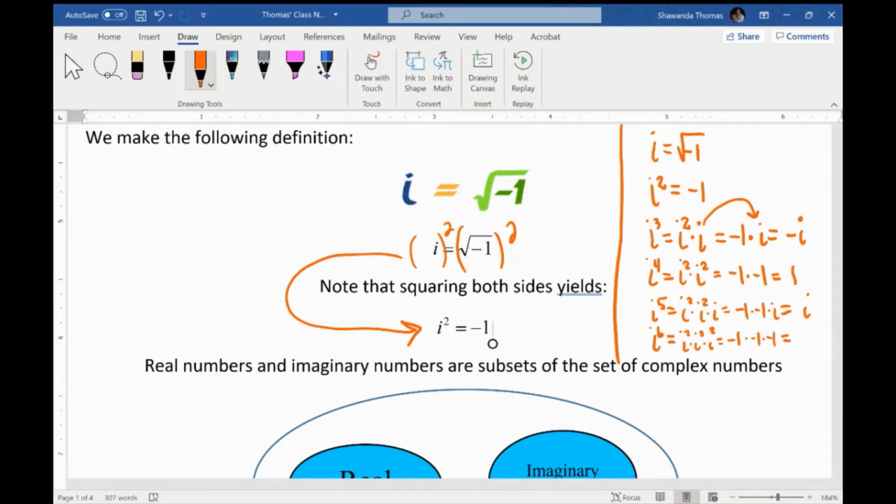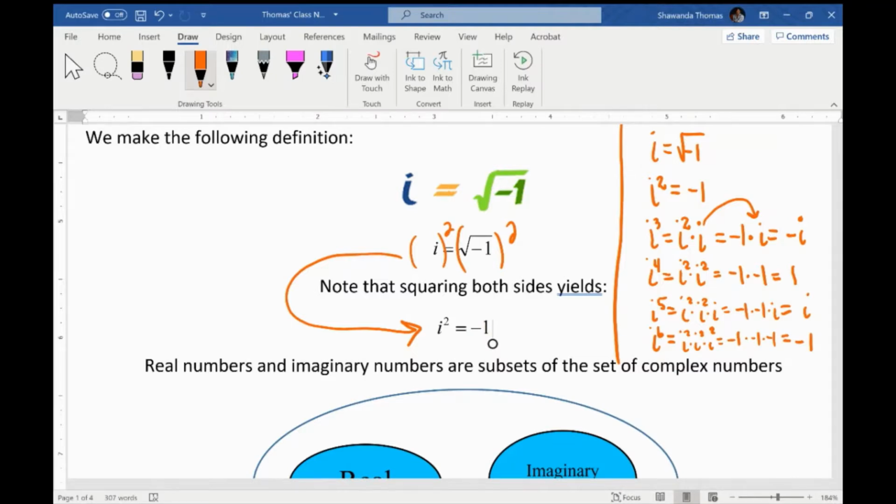What is that? It's -1 times -1, which is positive 1, times another -1, so it's negative. Yeah, it's -1.